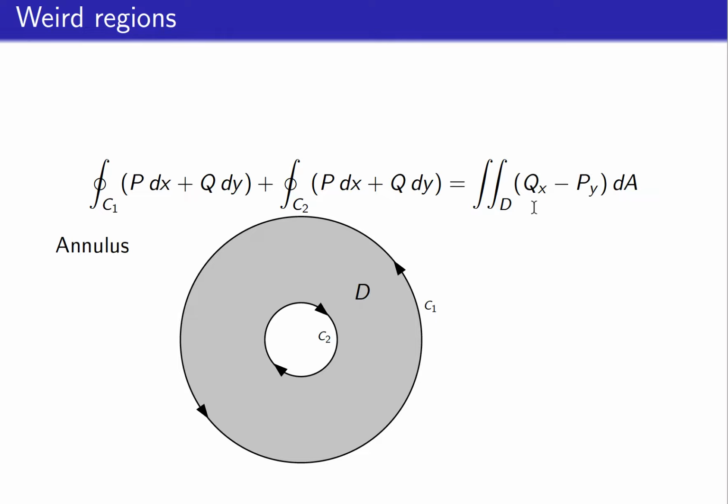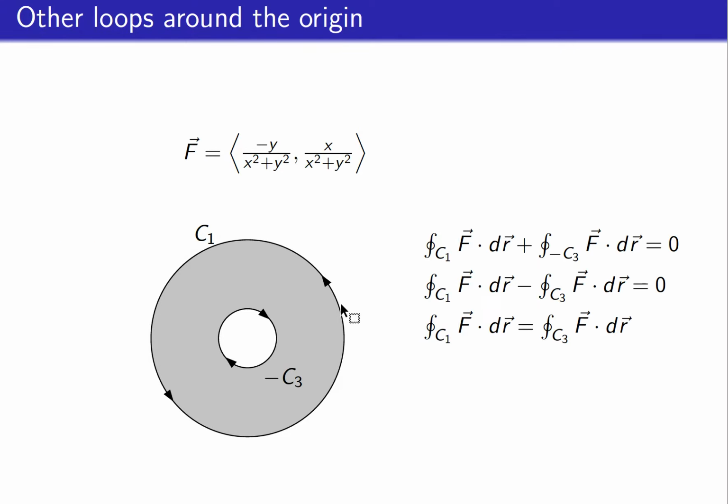Okay. And so integrating 0 will give you 0. And so the integral of C1 plus the integral of negative C3 is 0. Of course, if I switch the order of C3 back, then the sign changes to a minus. So the integral of C1 minus the integral of C3, which go the same way, is equal to 0.